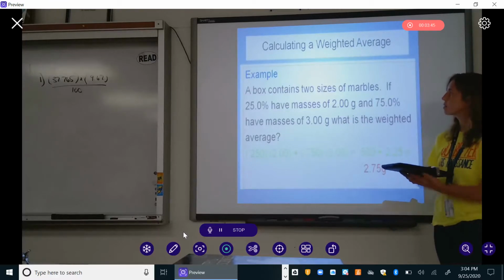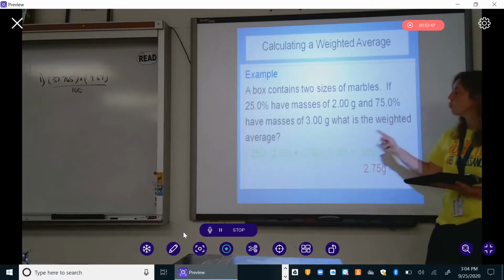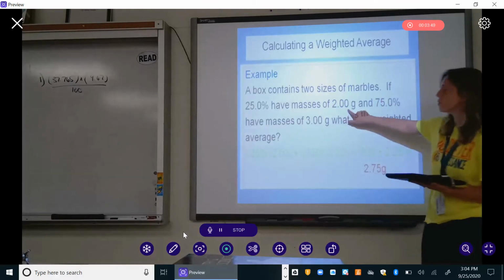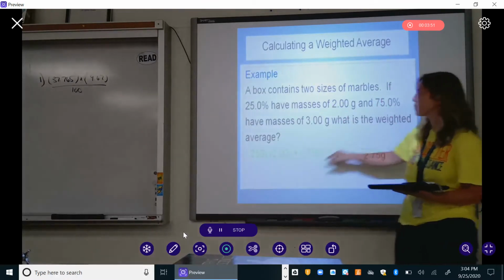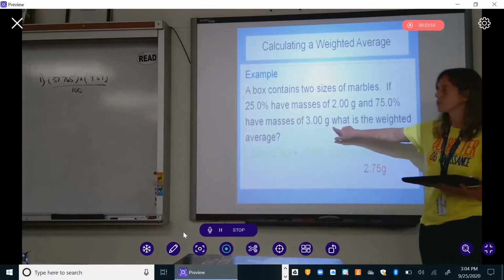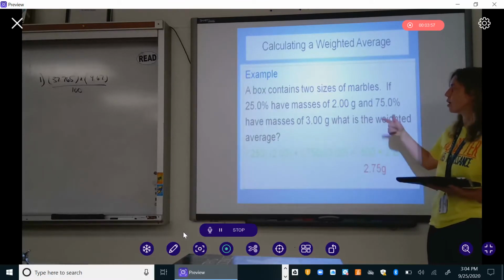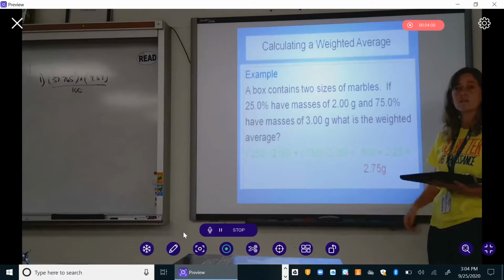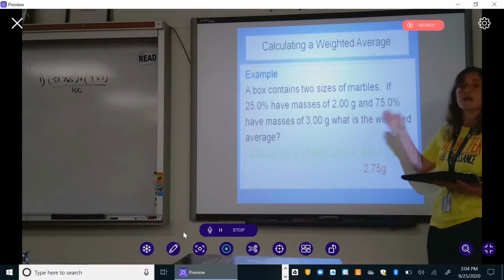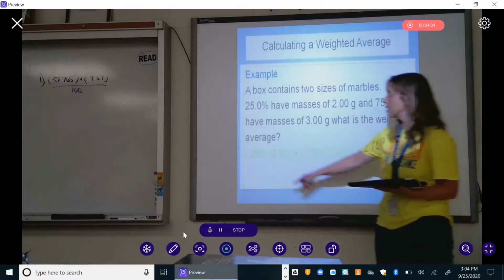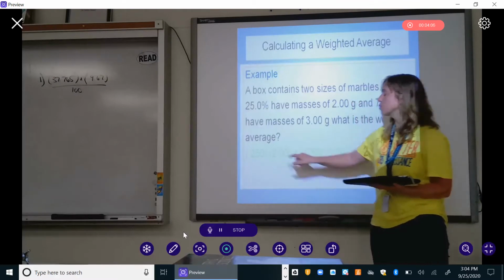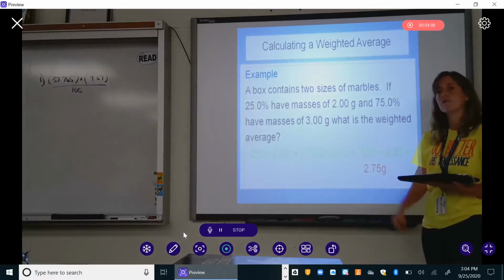Okay? So let's look at, just in the mere chance that you have a box of marbles, and the box contains two sizes. If 25% have a mass of 2 grams and 75% have a mass of 3 grams, what is the weighted average? So the first thing I did there was take both percent abundances and divide them by 100. So I said 0.25, and I'm going to multiply that by the mass of my first marble.